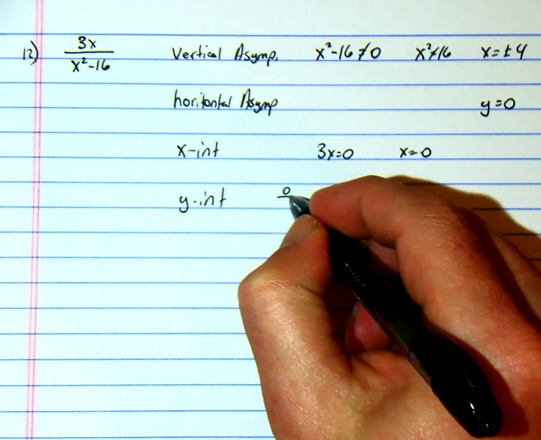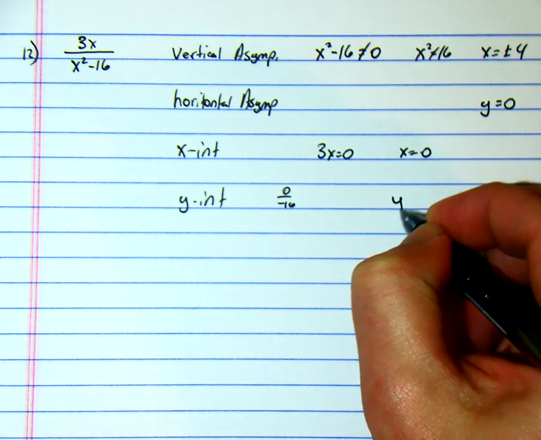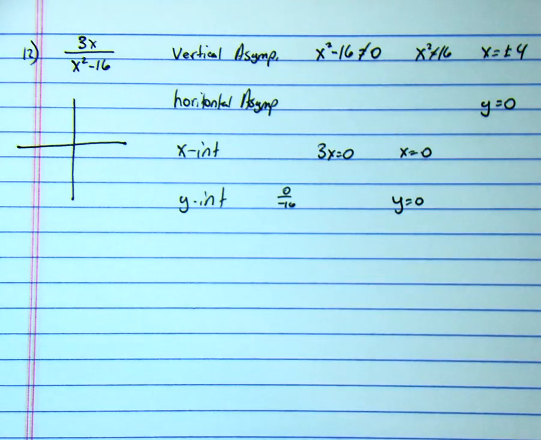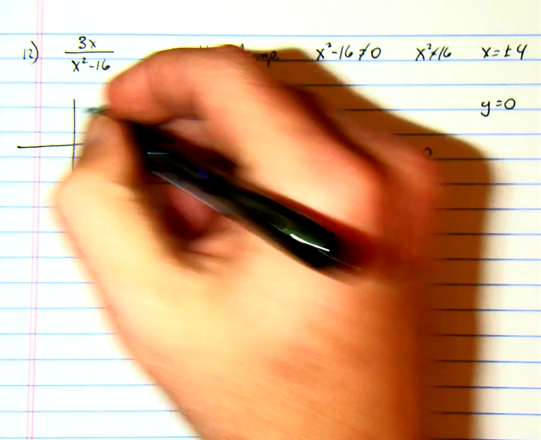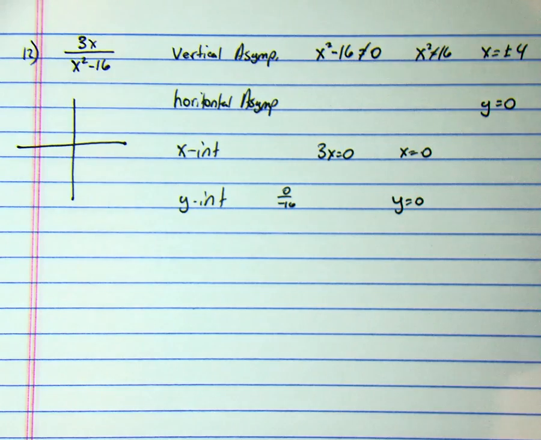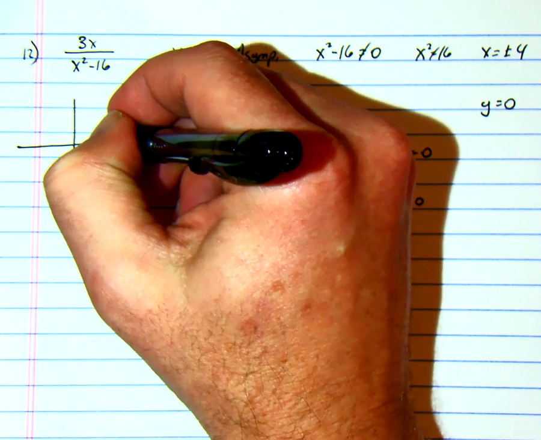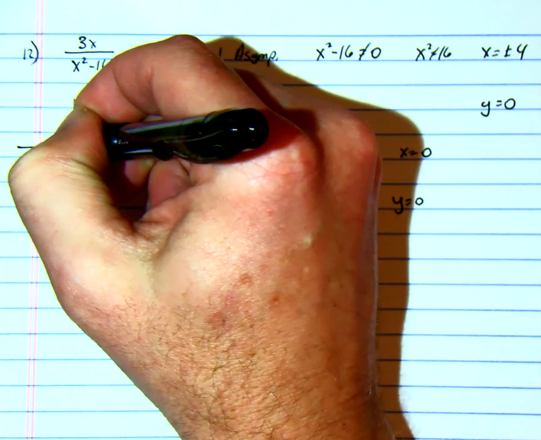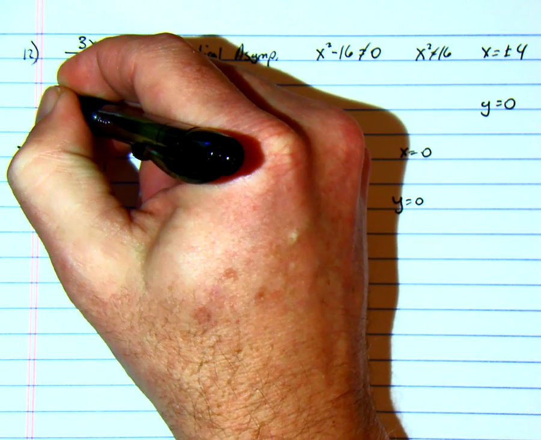So this is going to be 0 divided by negative 16, which is just going to be 0. So now we have all of the pieces parts to make this graph. In other words, we have a vertical asymptote. This one's going to be really hard. At where? Plus or minus 4. So 1, 2, 3, 4, and negative 4.